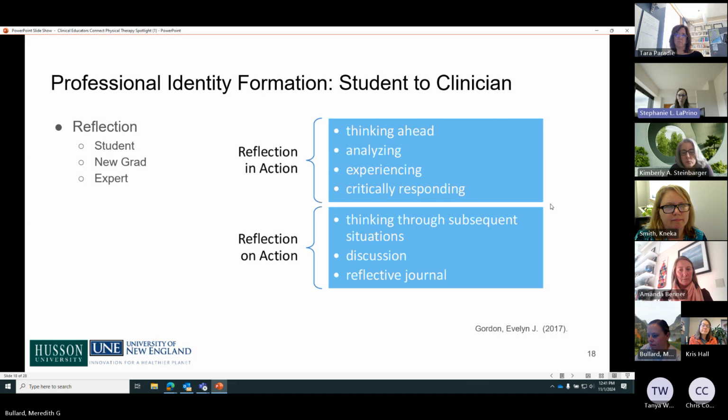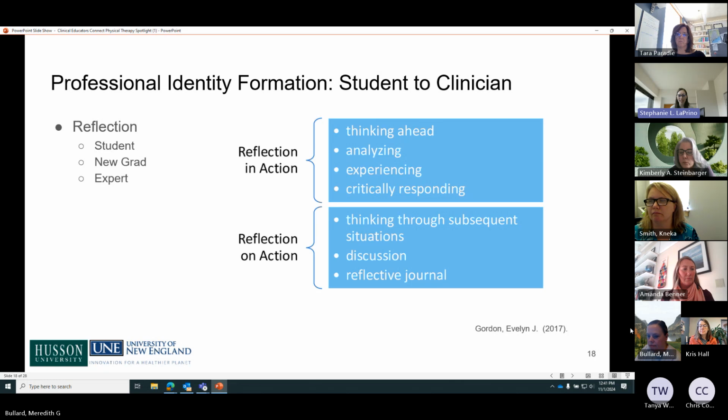And lastly, we've been talking a lot about the reflection piece. And obviously there are some nuances and differences between students at a student level, as well as that new grad phase, those first couple of years of being a new grad, and then as we move through the career and start practicing at the top of our license and transitioning into that role of being an expert clinician.